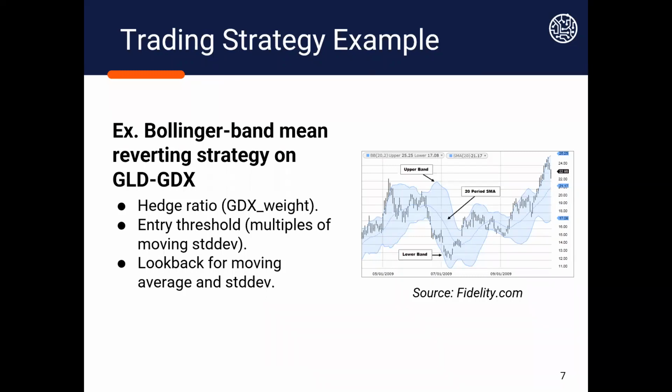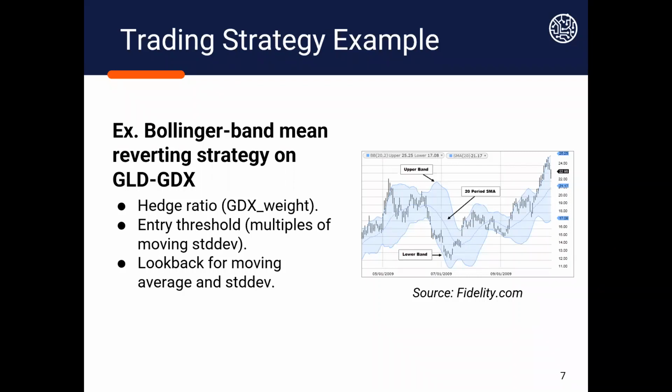We have a hedge ratio that determines how much to invest in one versus the other. Another parameter is the entry threshold. In a Bollinger Band, you can decide, do you want to enter into a position in this pair at 1 standard deviation or 2 standard deviation or what? And also there's another parameter called the look back, which is the moving period where you determine the average and the standard deviation for this spread.